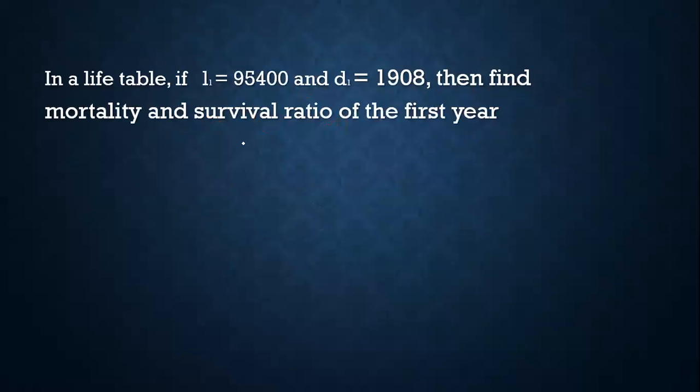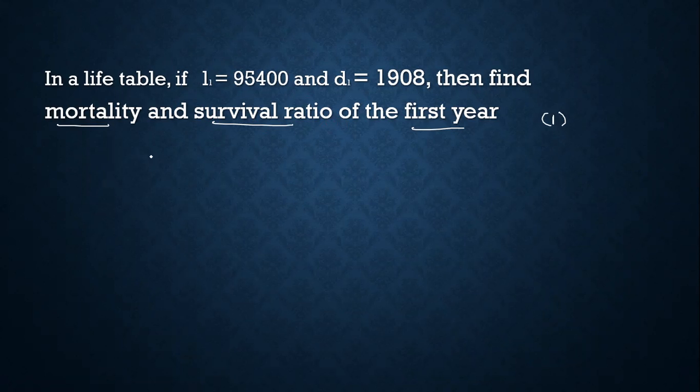Second one, in a life table, if L1 is 95,400 and D1 is 1,908, then find the mortality and the survival ratio of the first year. So first we will see what is the formula for mortality.